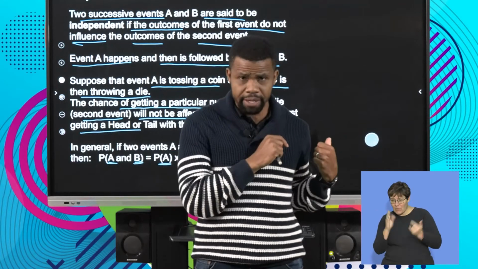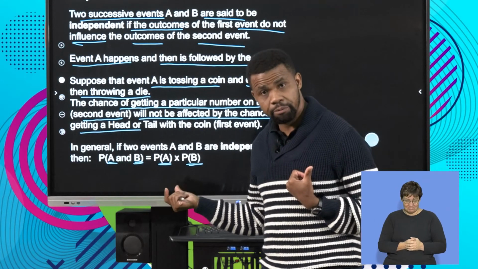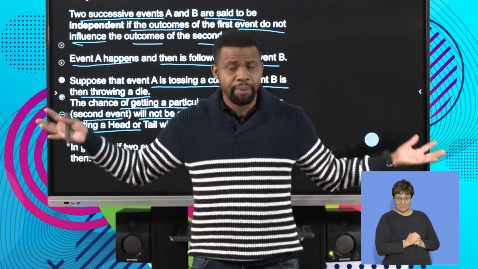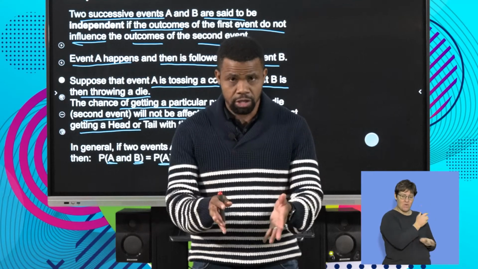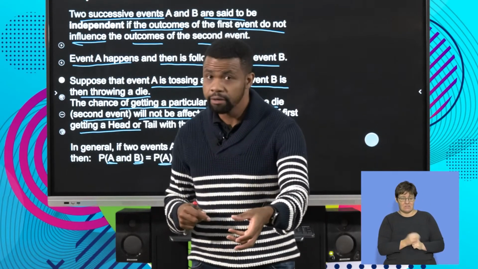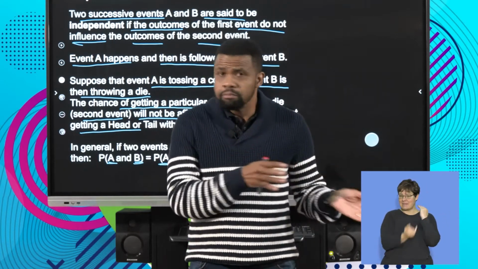If they're not independent, you cannot apply that. So the tree diagram we drew shows independent events. Tossing a coin does not affect me getting a tail next. Flipping a coin and a die are independent.